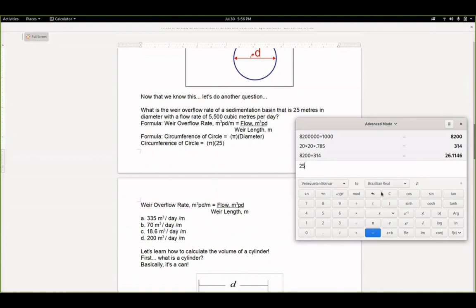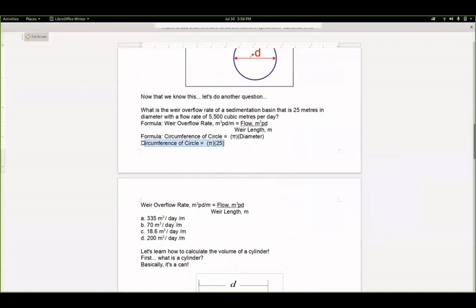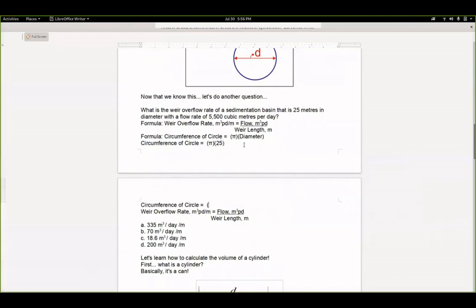So I'm going to key in 25 times pi, and I get 78.5398. I'm going to write that to 4 decimal places, so 78.5398. And so that is the weir length.